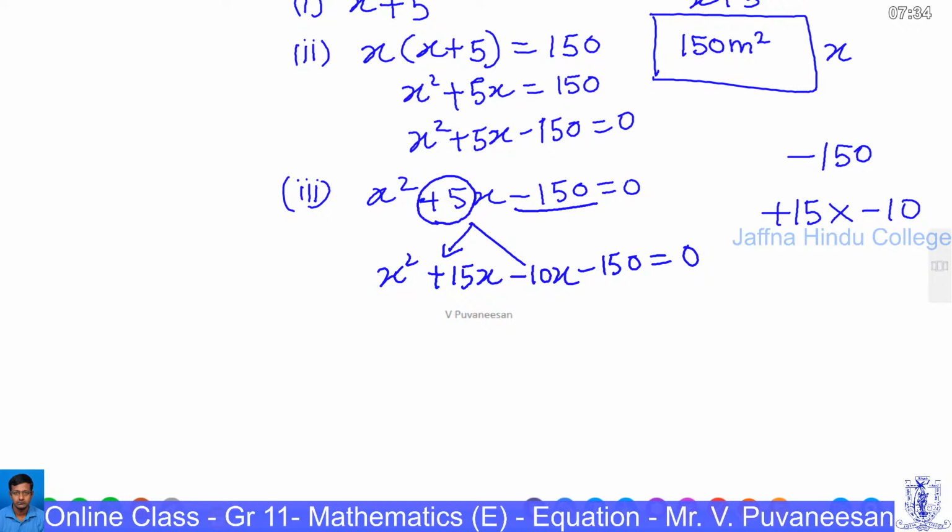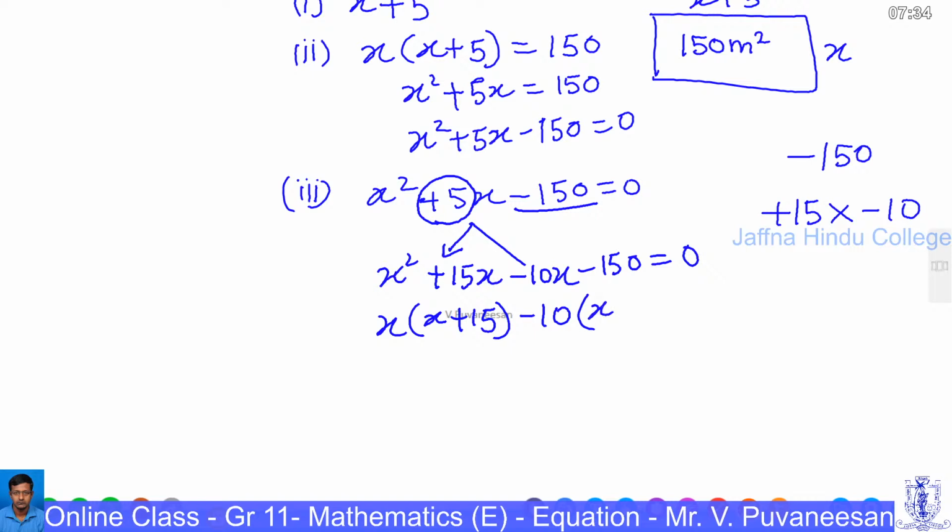In x square and 15x we can take out x, x plus 15. In last two terms we can take out minus 10, minus 10 into x minus 10x.